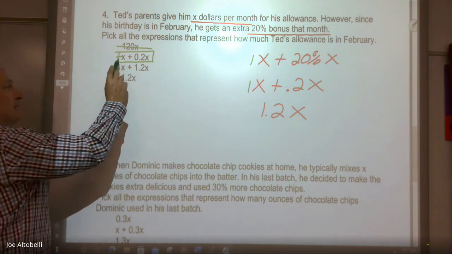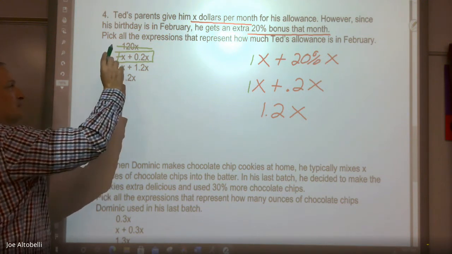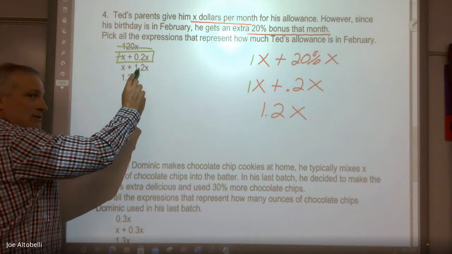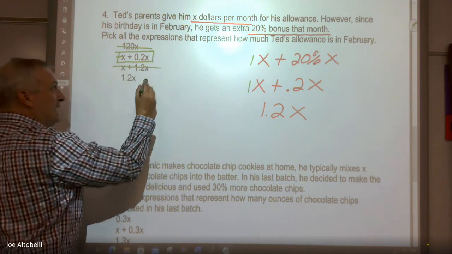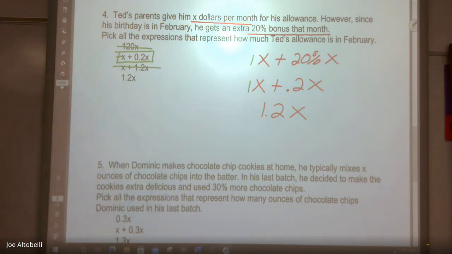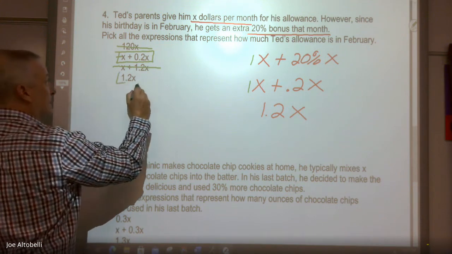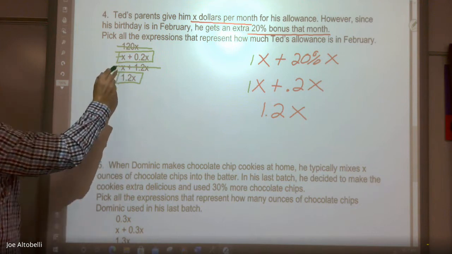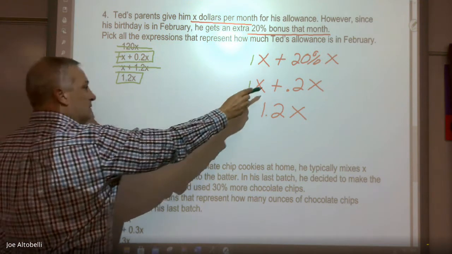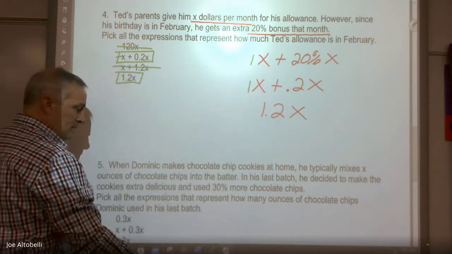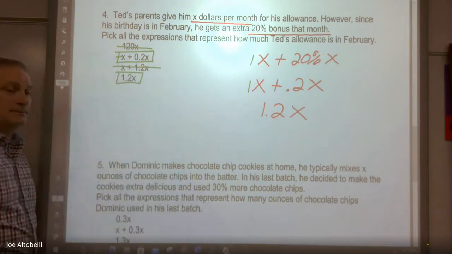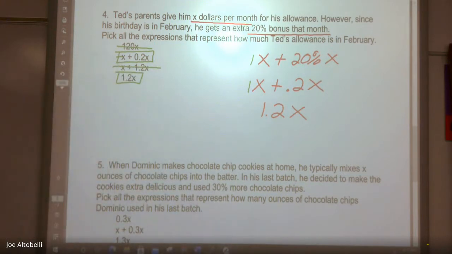This would be his allowance plus his allowance and 20%. So that one is not it. Okay, because he's getting an extra allowance in there, not just 20% extra. And then this one. So these two right there. Questions? Okay, go ahead. Number 5.